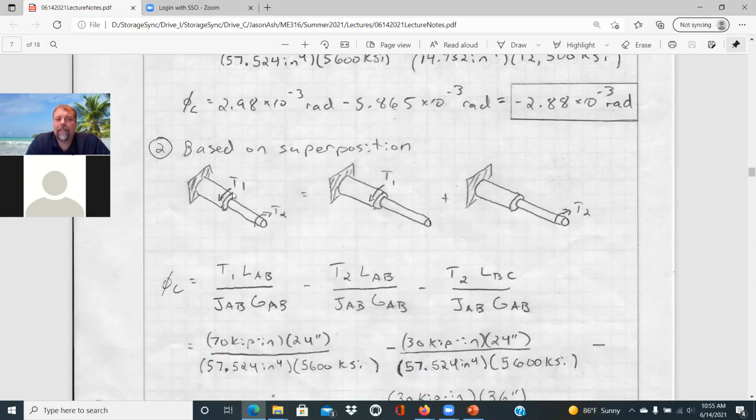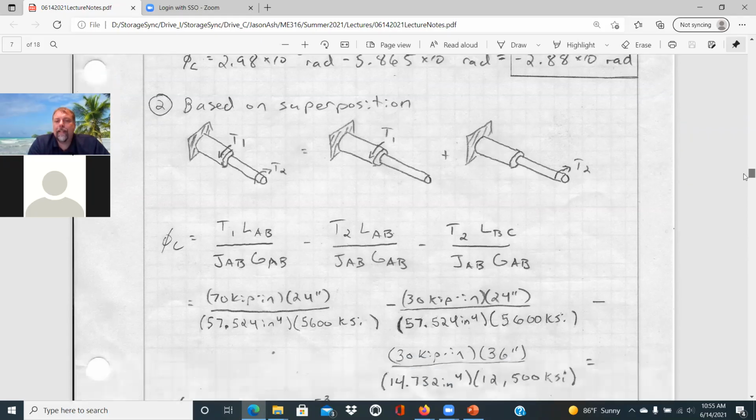Instead of putting those on there simultaneously, it's really the same effect as applying this T1 alone and looking at the angle of twist that develops along that section AB, plus the effect of applying T2 alone. And that would be the effect of that torque going through both segments AB and BC.